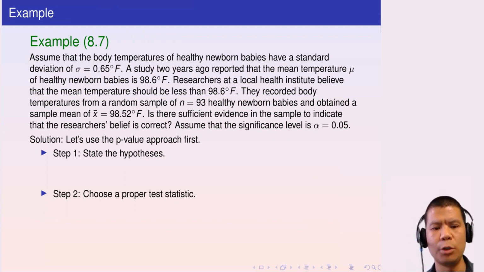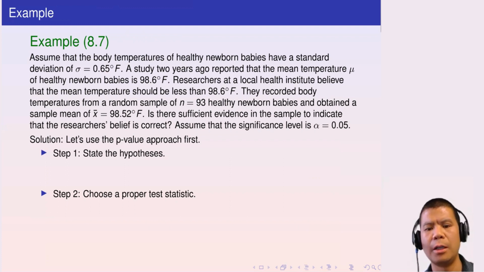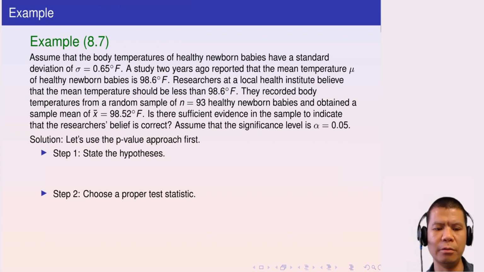They recorded body temperature from a random sample of n equals 93 healthy newborn babies and obtained a sample mean of x bar equals 98.52. Is there sufficient evidence in the sample to indicate that the researchers' belief is correct? Assume the significance level alpha is 0.05. I'm going to use the p-value approach.